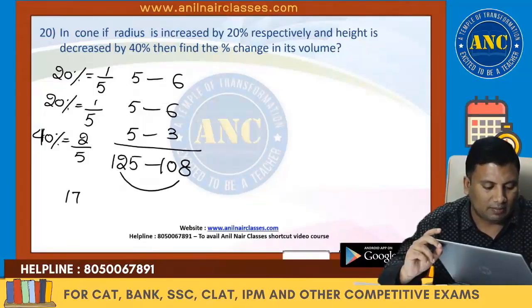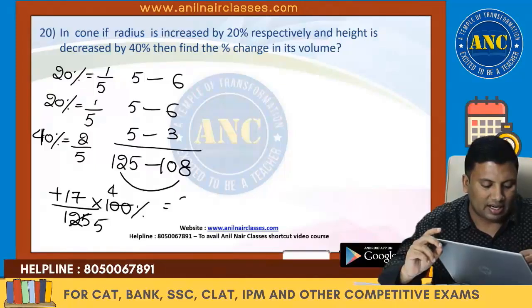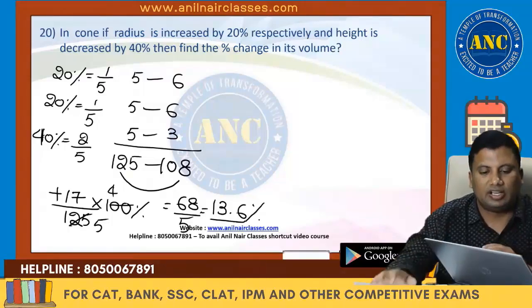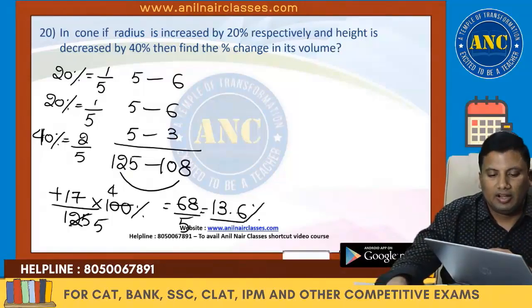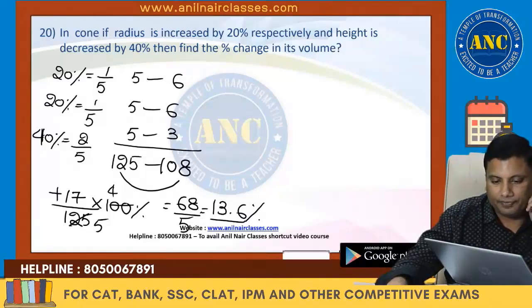The change is nothing but 17. 17 out of 125 into 100%. 25 fours are 25 fives are 68 by 5, which is nothing but 13.6 percentage. Idea is clear, right?